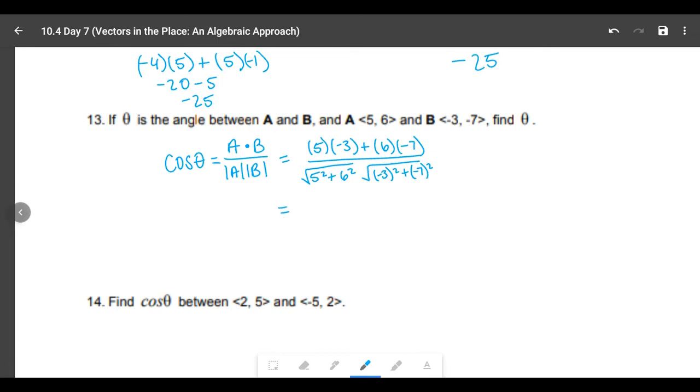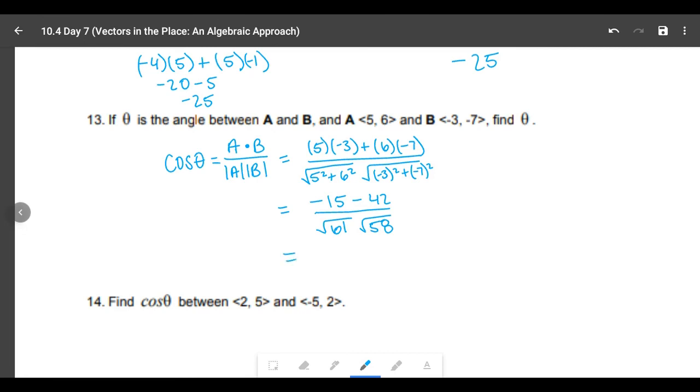And we can go ahead and simplify this. So we get negative 15 minus 42 all over the square root of 61 times the square root of 58. And so we can go ahead and take the arc cosine.